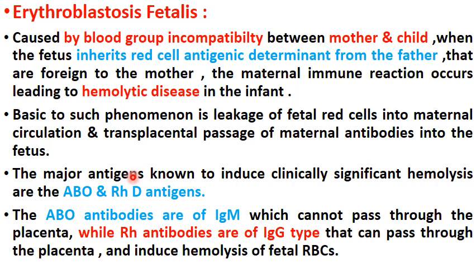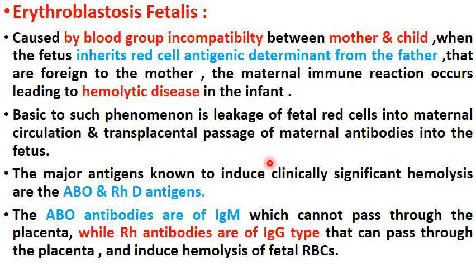But after delivery of the first baby, when the first baby has a different Rh group from the mother, what will happen? The RBCs will get into the maternal circulation through the placenta. It is a placental passage of the fetal blood into the maternal circulation, which leads to the production of maternal antibody.